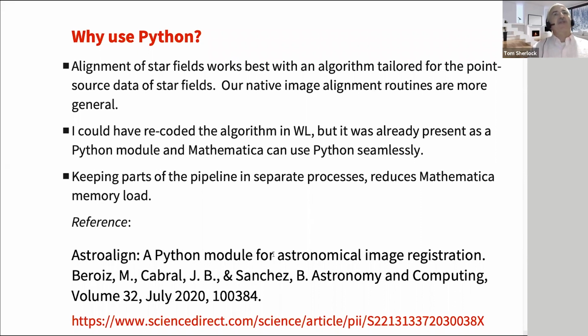And also keeping parts of this image processing pipeline in separate processes reduces the memory load in Mathematica. With astronomical image processing, it's easy to load up a lot of stuff in Mathematica because the images tend to be very large and it just takes up a lot of resources. So it's good to keep them out of core as much as possible, and this solves that problem too.